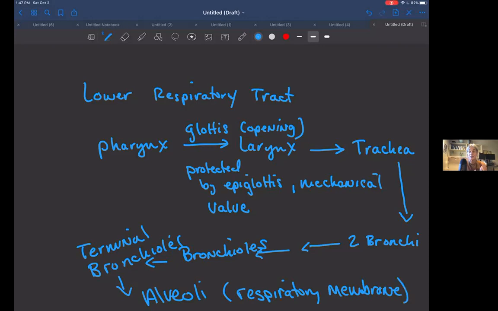This branching into smaller and smaller vessels leads to a greater surface area, especially the structure of the alveoli. Our lungs have a huge surface area, and that increase increases our ability to get oxygen and get rid of CO2, increasing respiration in terms of gas exchange. We'll talk about that in a separate video.